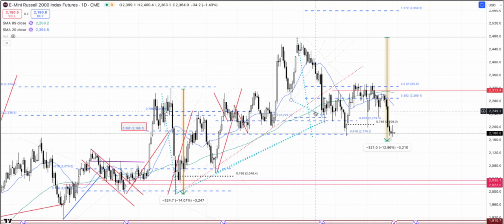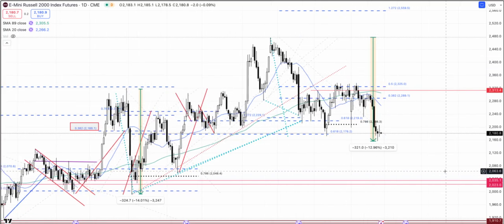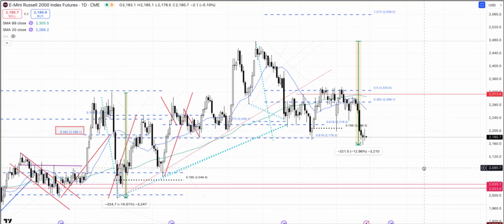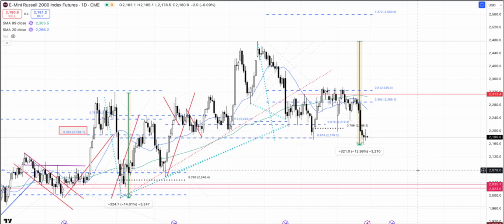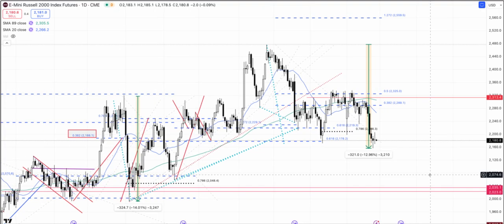So Russell is not beginning to look that bullish. If we begin to close below this, I think we could have an ABCD lower, but with the yields actually retreating, that should in theory benefit. So really in a situation which is wait and watch, in my opinion.